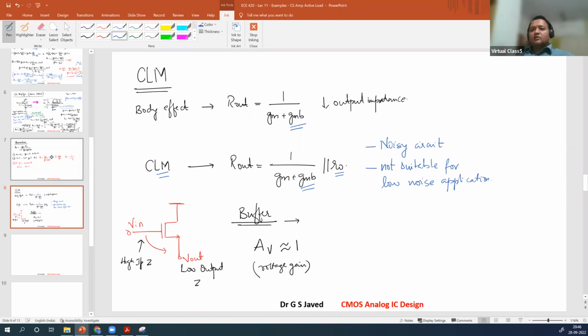And another thing with this one is that it is a non-linear circuit, right? Because you have body effect and channel length modulation impacting it. So the gain is also not determined by GM alone. We saw that for a very high value, your gain will be GM over GM plus GMB. So as this varies, it is a non-linear circuit. So the common drain amplifier will be in this way.